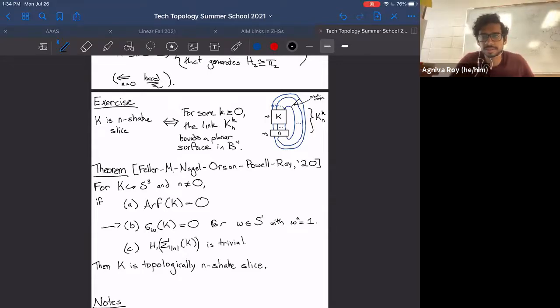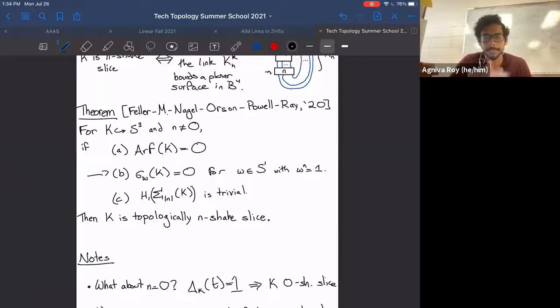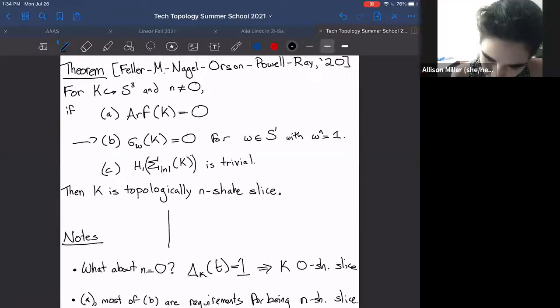I had a quick question. The Tristram-Levine signatures, the conditions on them, are they relating to the sliceness of the knot or shake sliceness? The ones you say are requirements for being n-shake slice? So that's a great question. Maybe I'll just say here, here's the fact. If K is n-shake slice, then Arf K equals 0.